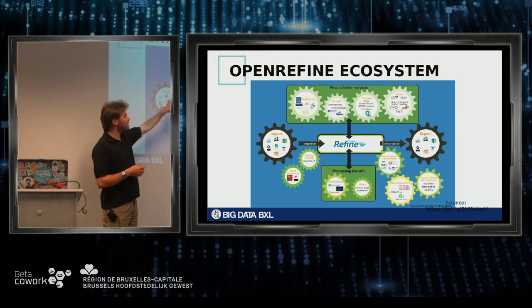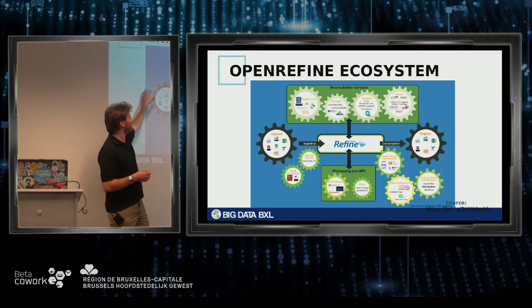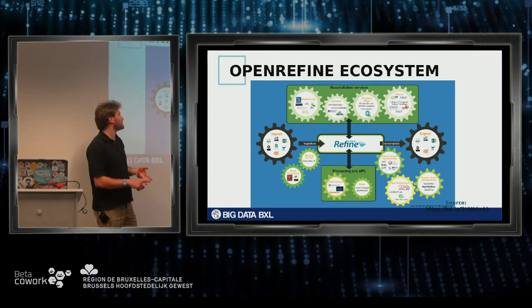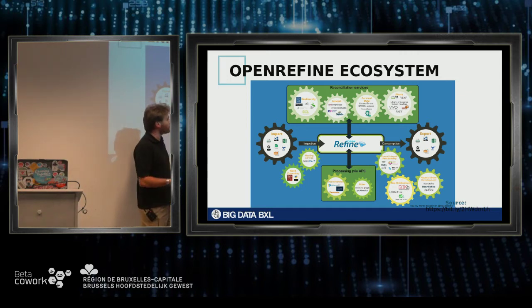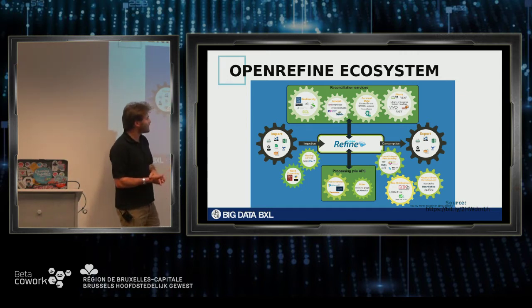OpenRefine is really, as I was mentioning, something that takes in a bunch of formats such as Excel files, CSVs, XML files, RDF. So that's a bunch of fairly standard files.